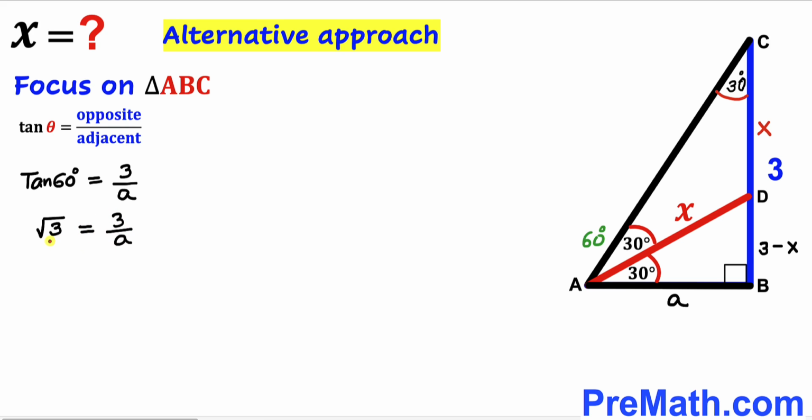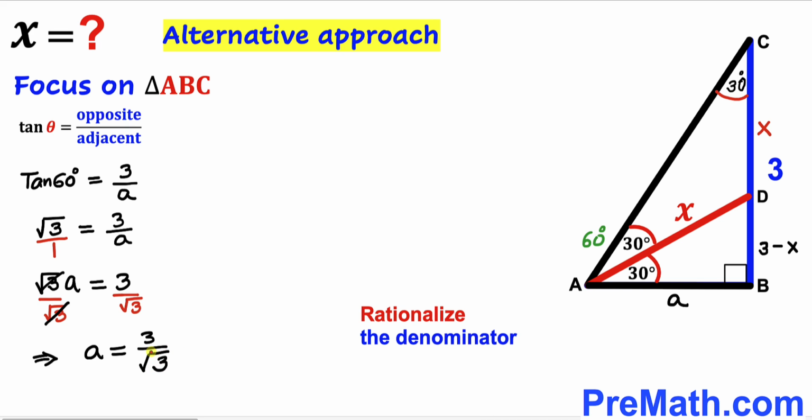Now I can put 1 underneath on the left-hand side, and cross multiply. We end up with square root of 3 times a equals 3. Now I'm going to divide both sides by square root of 3 to isolate a, so a turns out to be 3 divided by square root of 3.